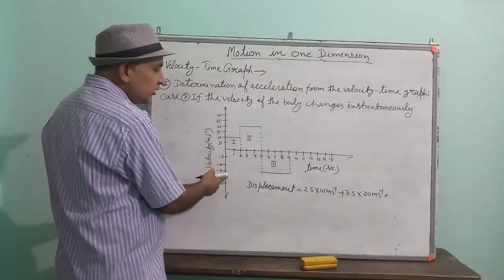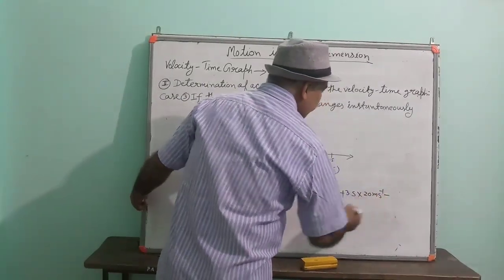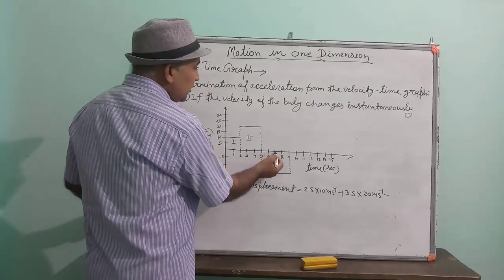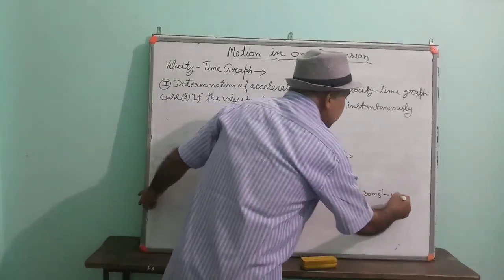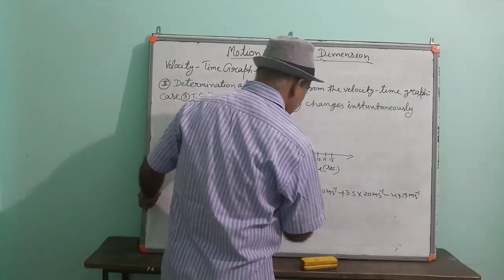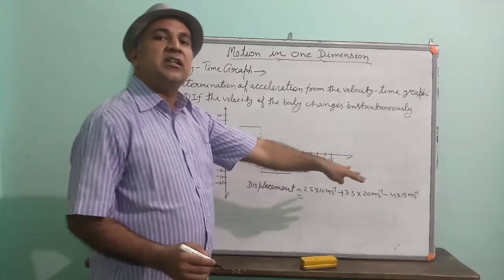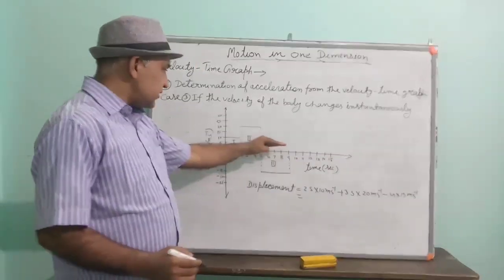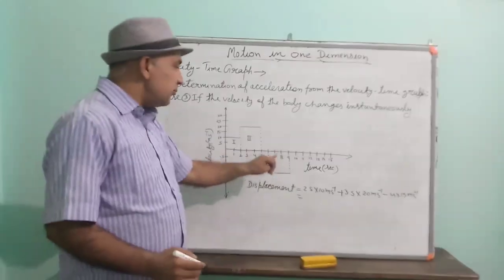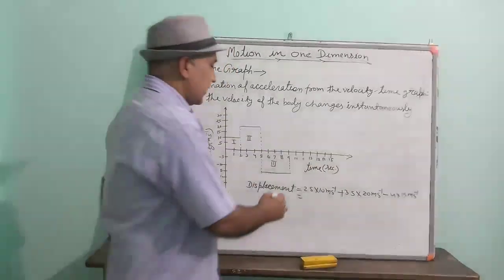See, there is the negative velocity, so this displacement will be negative. Okay, and 1, 2, 3, 4, 4 seconds into 15 meter per second. Understood? Area of all the three is added with their sign. So this is the downward of x-axis, means this is negative area, so it will be kept in negative sign.